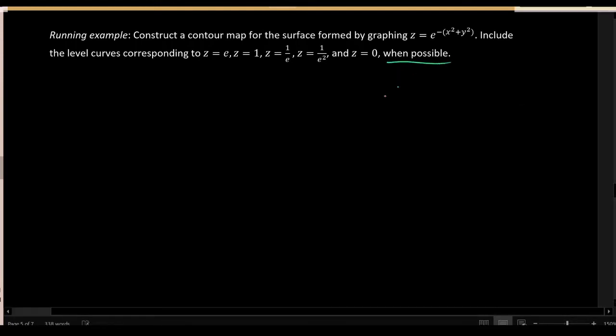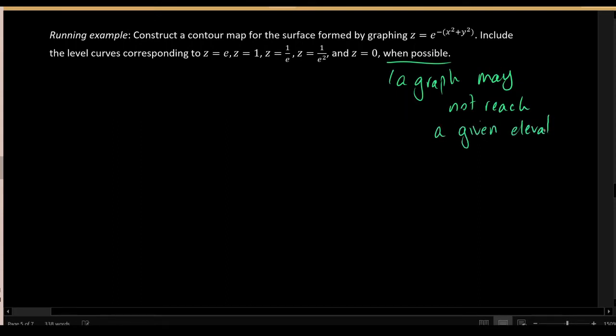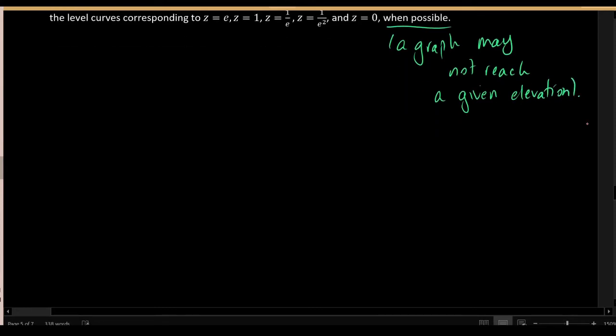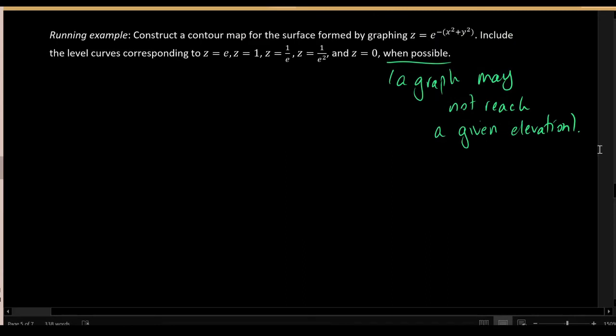Bear in mind that a graph may not ever reach a particular elevation, in which case the level curve, the set of points which correspond to that elevation, is just empty. So that is possible. Always be on the lookout for that.